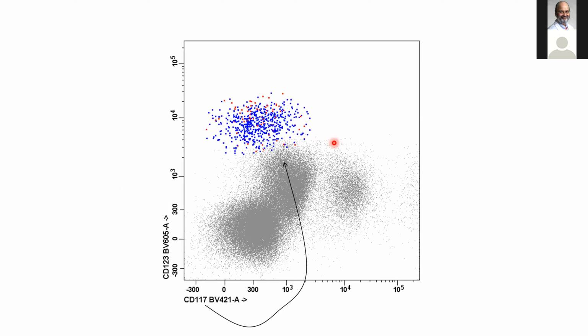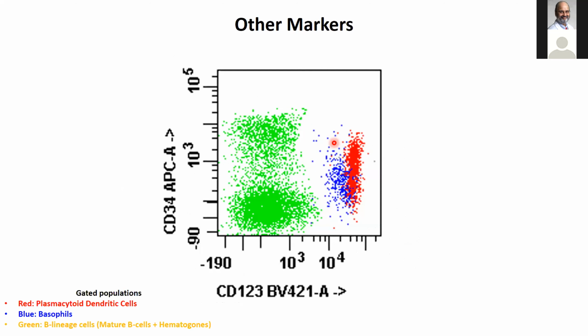So anyhow, I pay attention to CD117 on my basophils, and if I see an expansion of CD117 positive basophils, I worry a little bit about a potential myeloid neoplasm. I'm not going to use that alone to call something a myeloid neoplasm, but I'm going to be a little bit more careful.